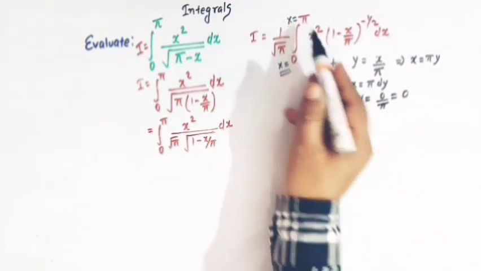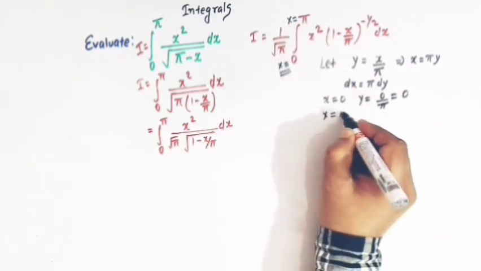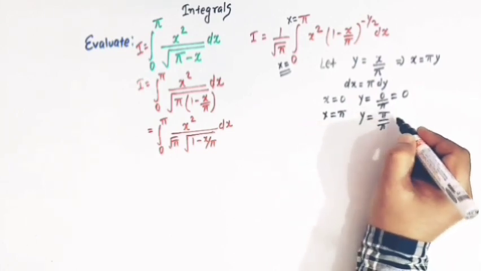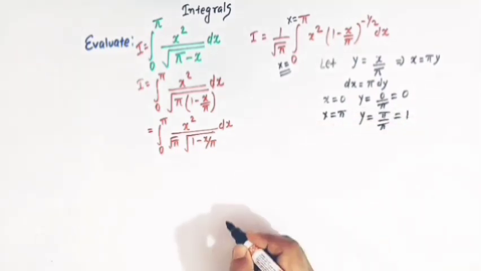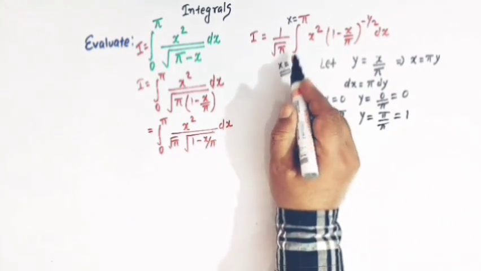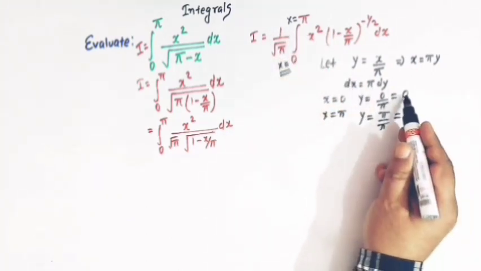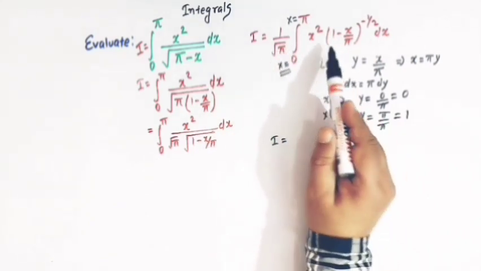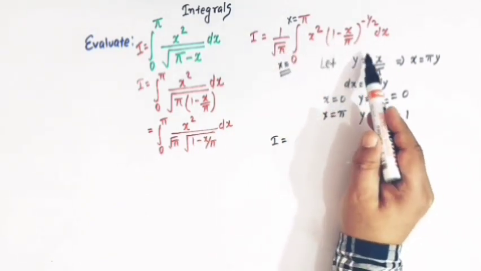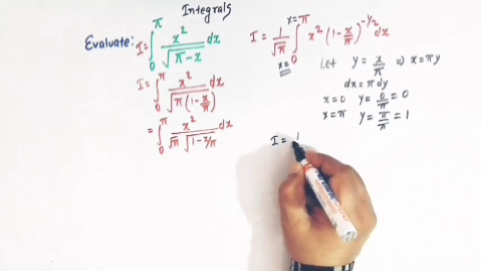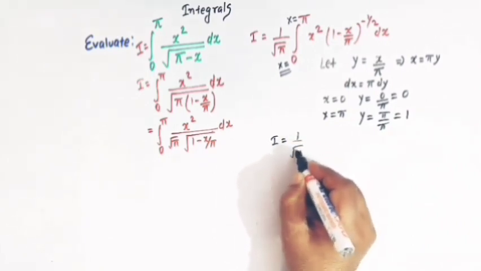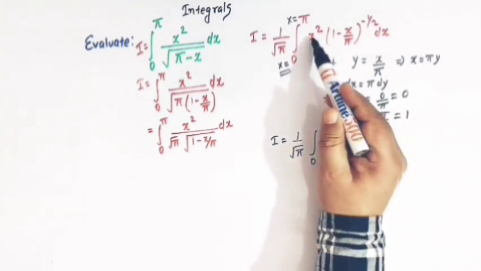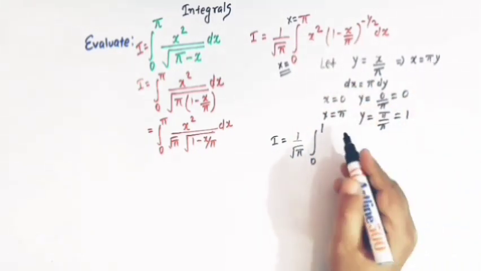And when x is equal to π, then we have y equal to π/π, which is equal to 1, right? So when x goes from 0 to π, y goes from 0 to 1. Now we can rewrite this integral in terms of the variable y as 1 over √π, then we have 0 to 1, and x can be replaced by πy.